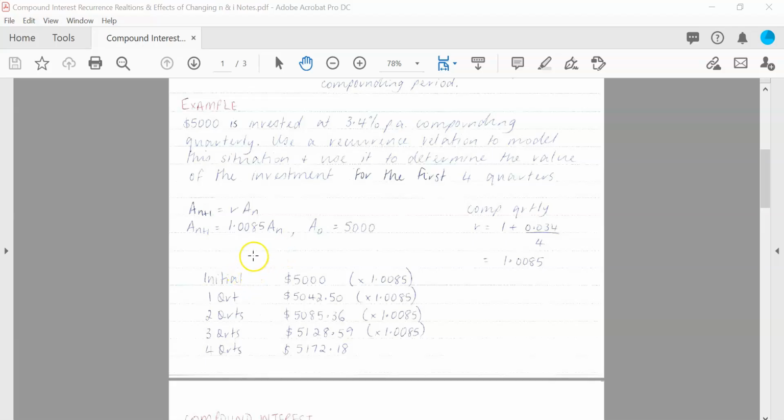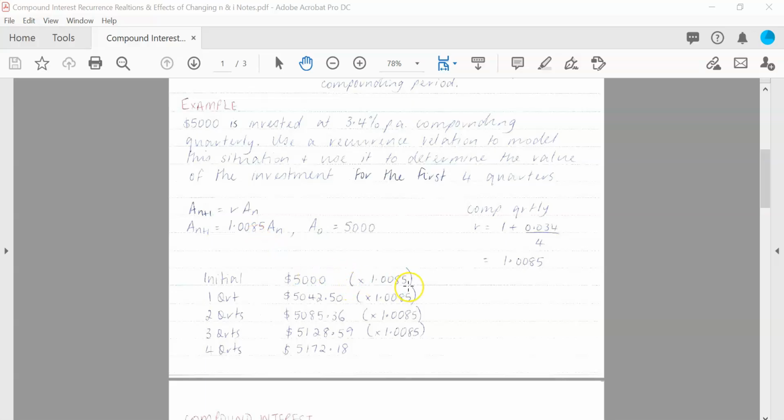So down here, in order to generate the first 4 terms of that sequence, or determine the value of the investment for the first 4 quarters, as the question asks, I'm starting here with the initial value of 5,000, and in brackets here I've followed this recurrence relation, which says to multiply your term by 1.0085 in order to get your next term.